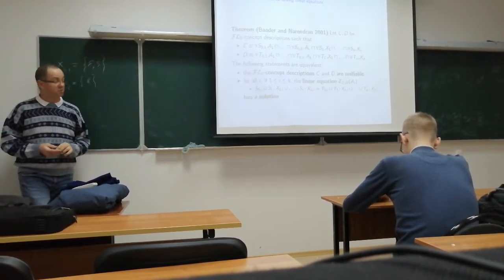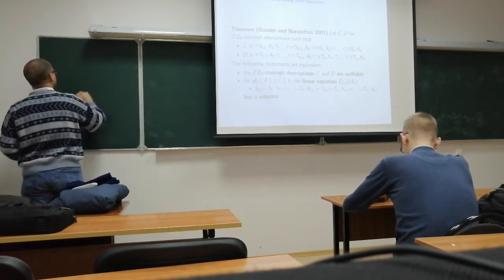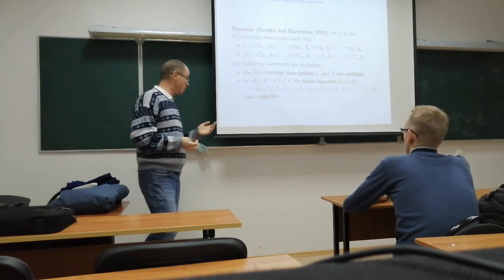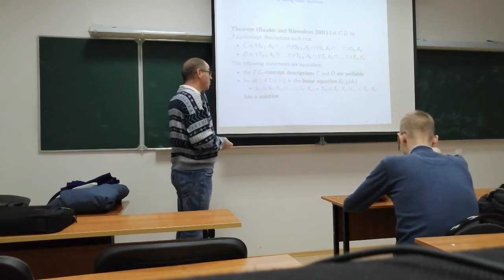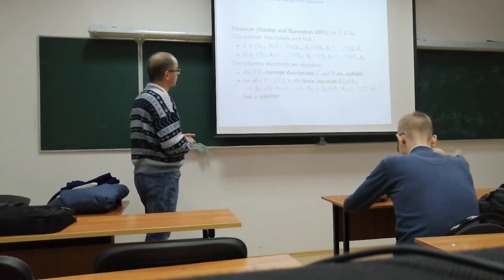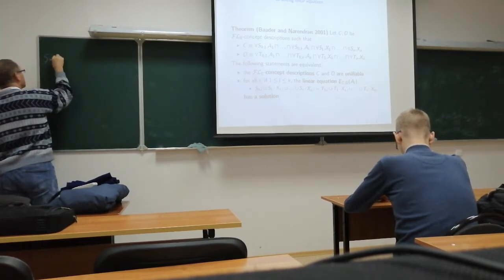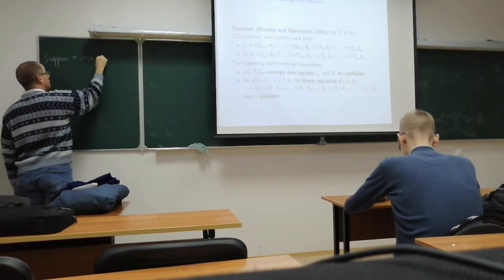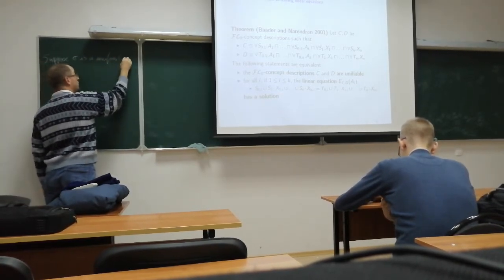Okay, how do we prove the theorem? There are two directions, of course, because it is an equivalence. Suppose C and D are unifiable. So suppose sigma is a unifier of C and D, and we can consider it is ground.